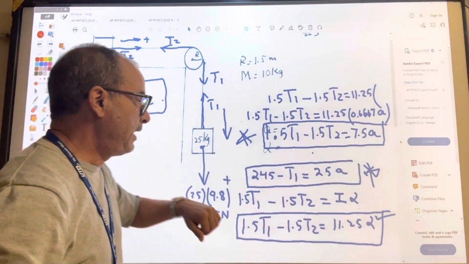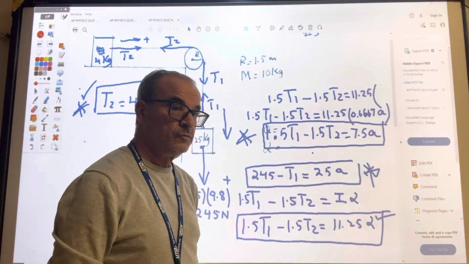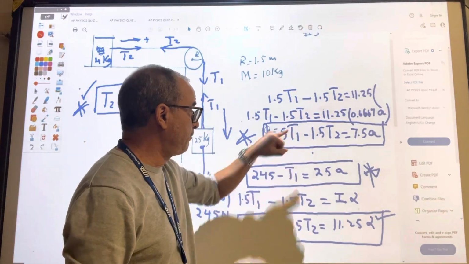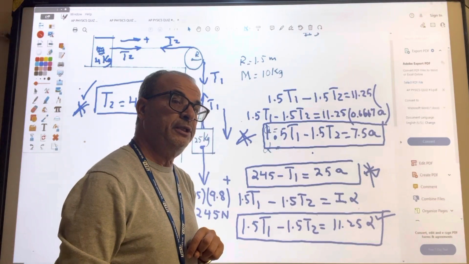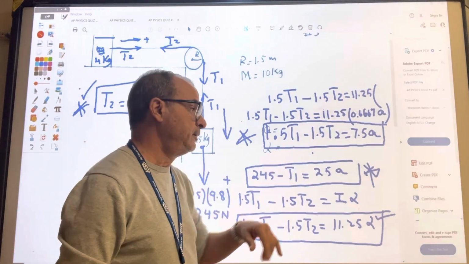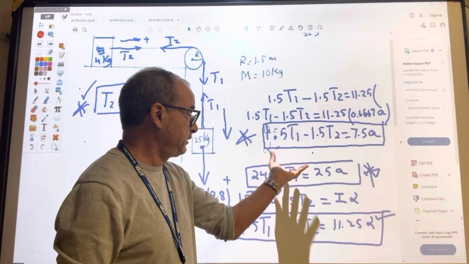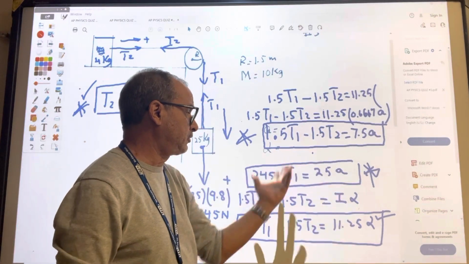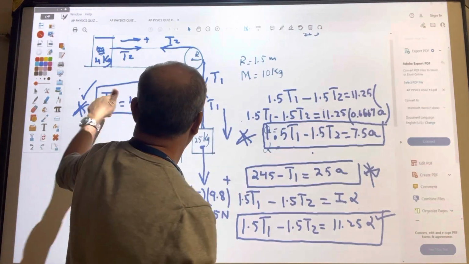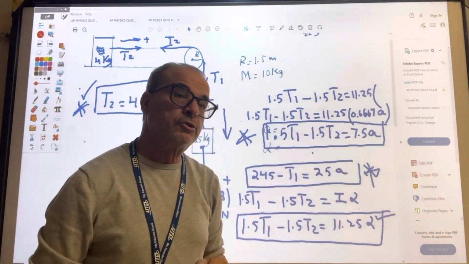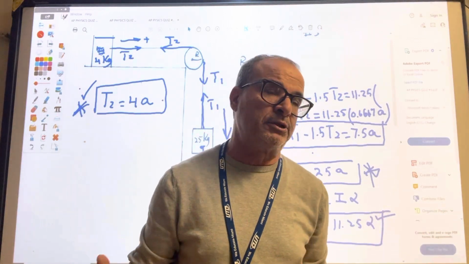And where do you get the T1 in terms of A? From the second equation. You're going to arrange this equation and get T1 by itself, in terms of A. You replace it here, and you replace 4A for the T2. So the equation is going to have only A, and that's what we're trying to find.